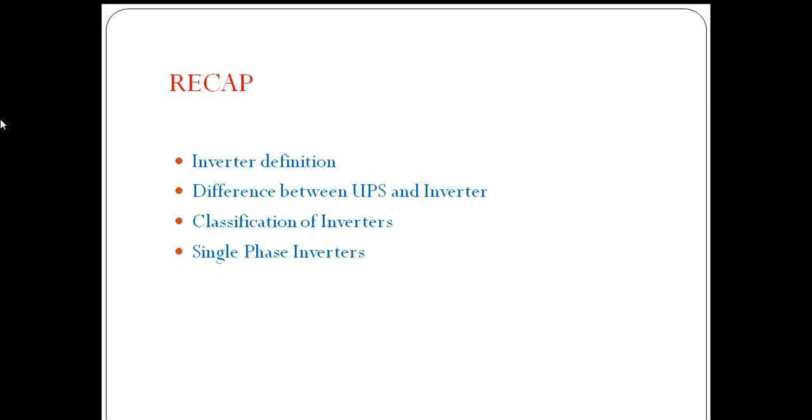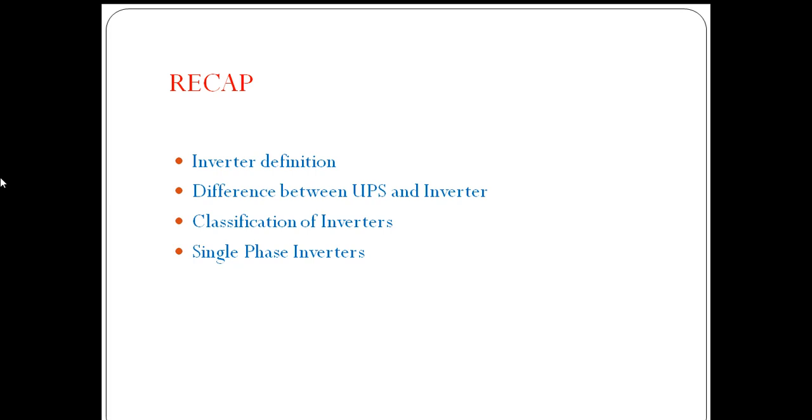Based on the nature of output voltage, these are classified by output waveform as square wave inverter, quasi square wave inverter, and sine wave inverter. And we have mainly focused on single phase inverters. In the last class, we focused on single phase half bridge inverter and single phase full bridge inverter.